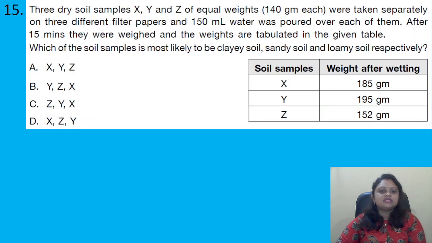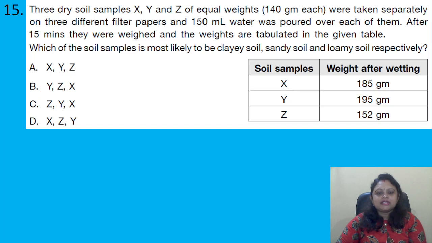Coming to the next question. Three dry soil samples X, Y and Z of equal weights, 140 gram each, were taken separately on three different filter papers and 150 ml of water was poured over each of them. After 15 minutes they were weighed and the weights are tabulated in the given table.